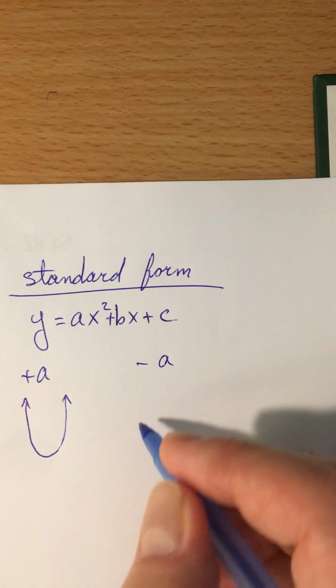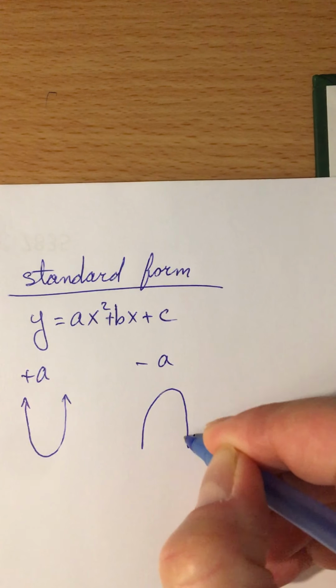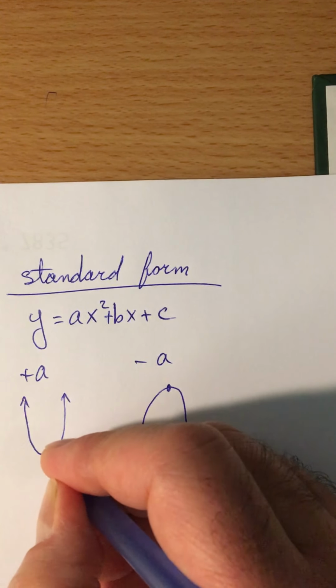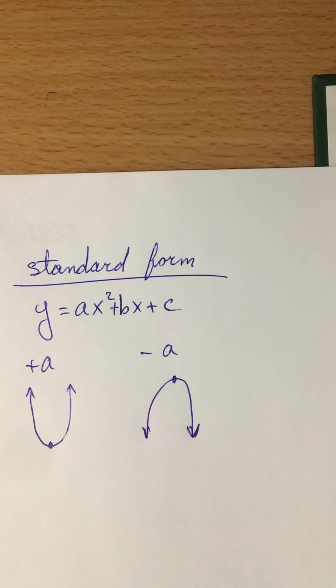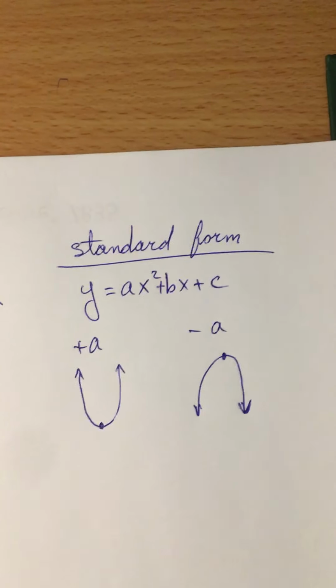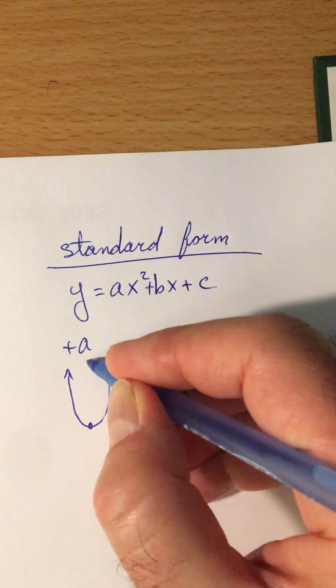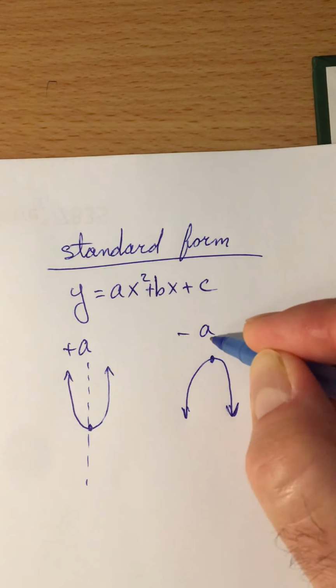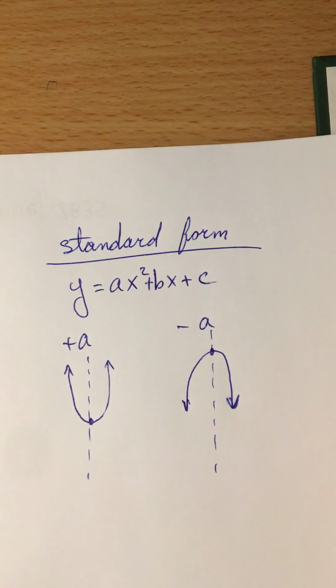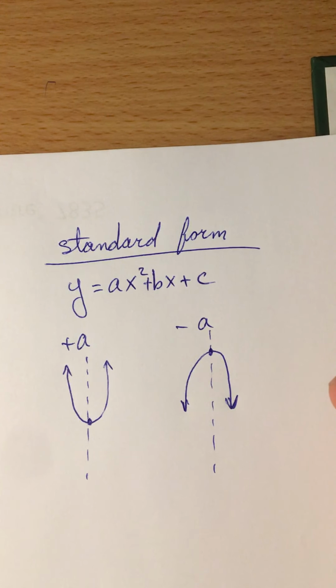If your a is negative, your parabola goes down. We already knew that, and in both situations we have a vertex. And we have the axis of symmetry that always passes through the vertex and splits the parabola into two equal parts.